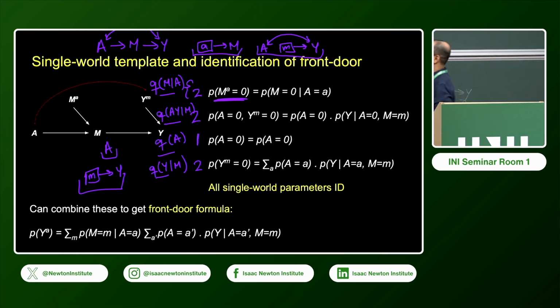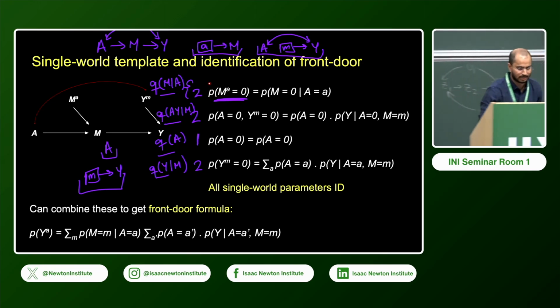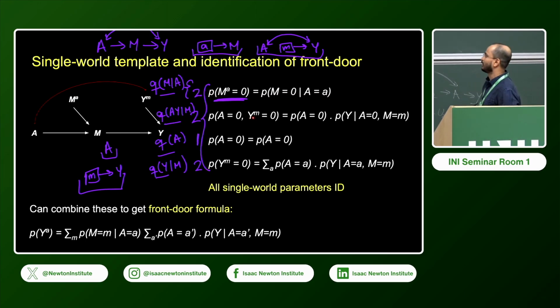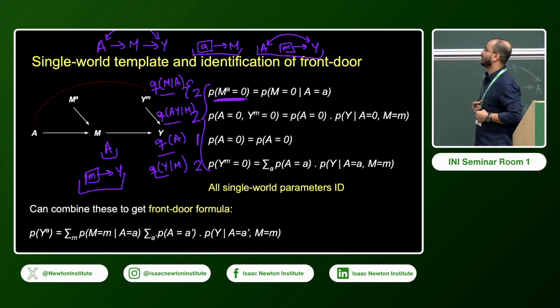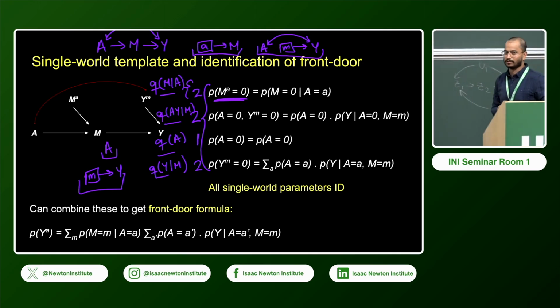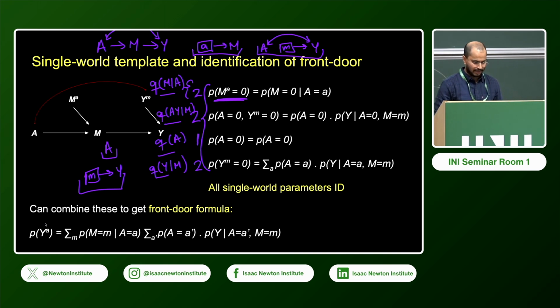And then one more thing is you can combine these identified parameters. So just like we were able to combine identified parameters of the conditionally ignorable model to get the G formula, you can combine these to get the front door formula. So you would first say, okay, you have P of Y(a). P of Y(a) by recursive substitution is equal to P of Y(M(a)).